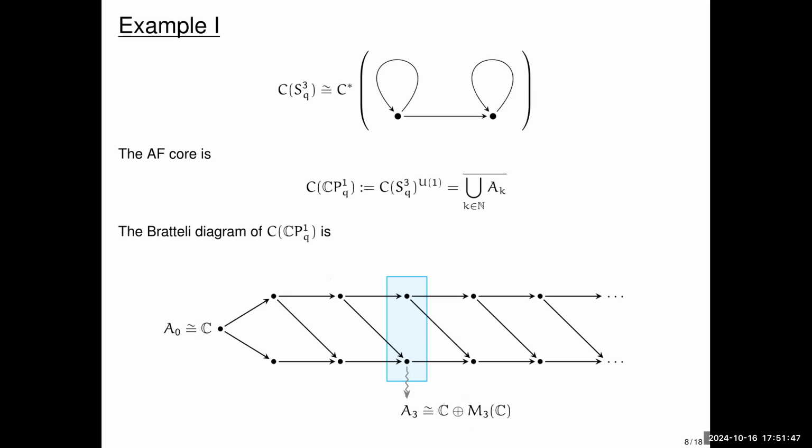Okay, this is the diagram that you read from here, basically. Each column has two vertices, and from one column to the next, you draw an arrow from a vertex to the other only if there is a corresponding arrow in the diagram of the graph C-star algebra. Okay, I wanted to show this picture only because it's very similar to the next example.